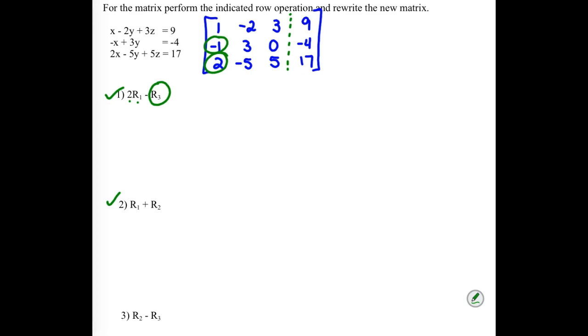Could I have multiplied the top row by -2 and then added it? That's another option. Okay? We'll go with what they have listed here, but again, when you have to come up with your own options, if you don't like to subtract, you can do it that way. All right, so 2 times the first row, and then we're going to subtract row 3.